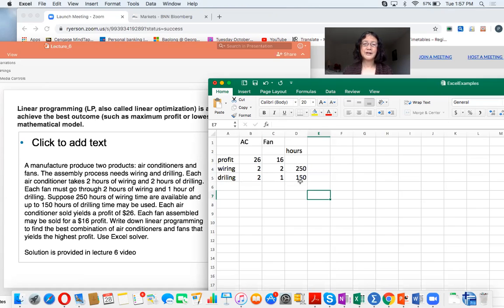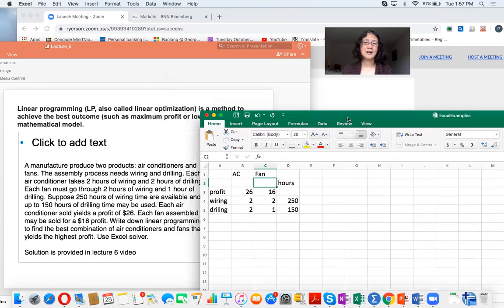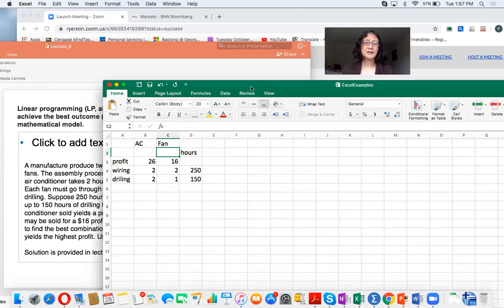Okay, so we set up all the numbers. Okay, the question is, let's use this cell represent number of air conditioner. This cell represent number of fans. Now let's use solver. Okay, so before we use solver, we need to set up the profit function.